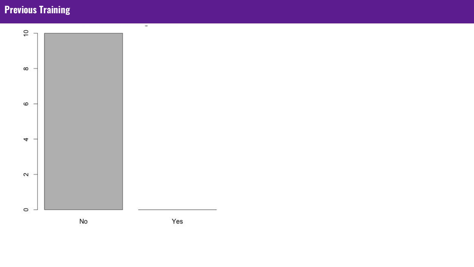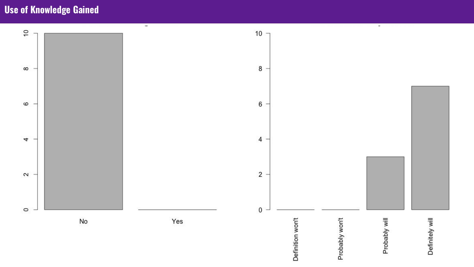Obviously this training is available online, but until there was somebody at their institution who said, I'm teaching a class on this day and this time, they didn't avail themselves of it. And when we asked them if they would use the knowledge gained, 3 said they probably would, and 7 said they definitely would.